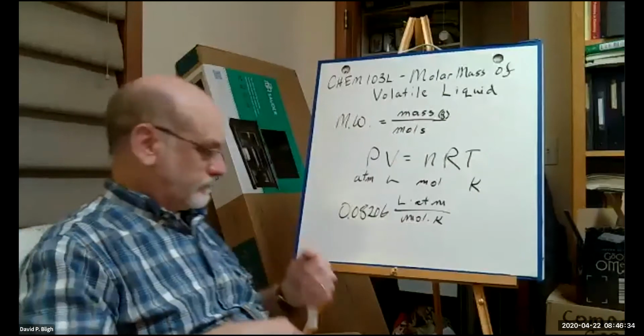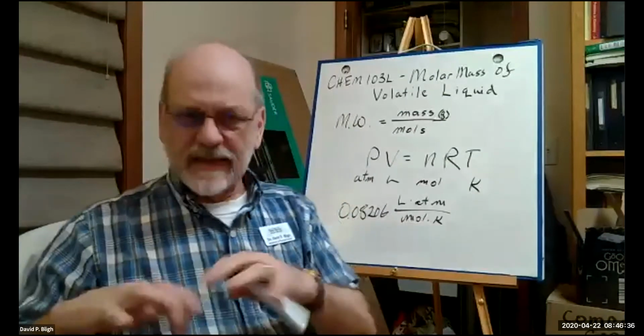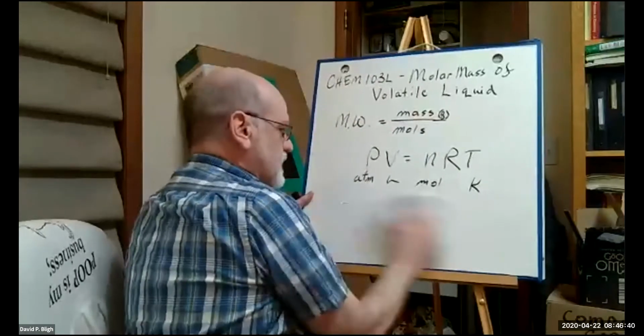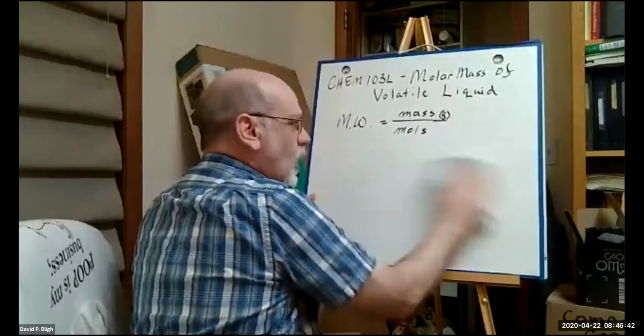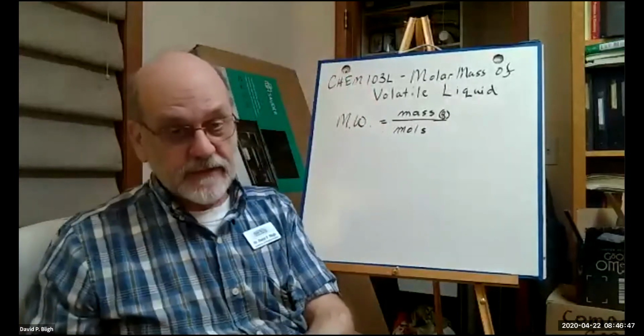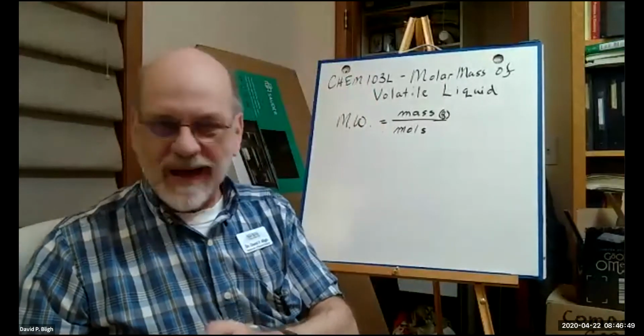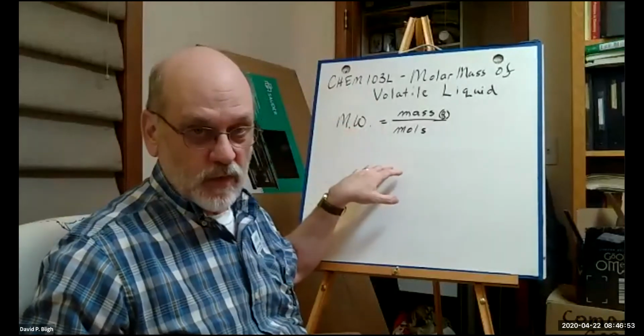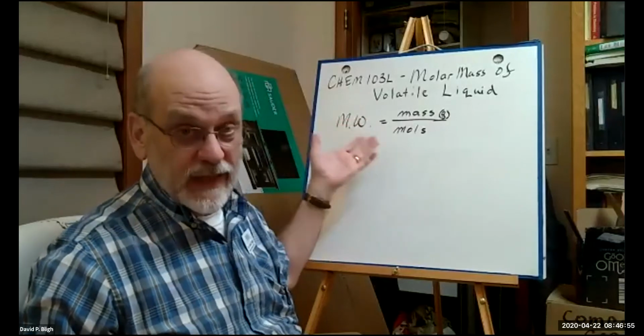All right? So, in the handout, the author of the method, the exercise, combines this equation with the universal gas equation, so that you only have to do one calculation.